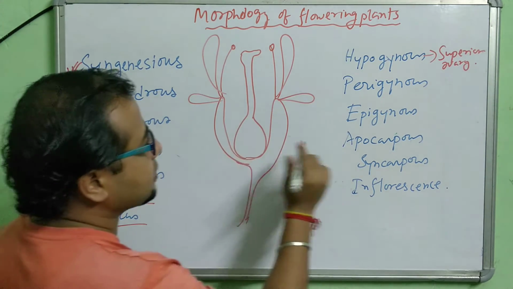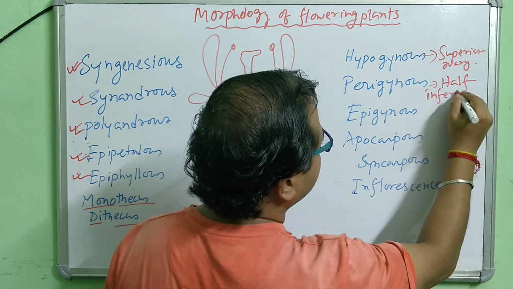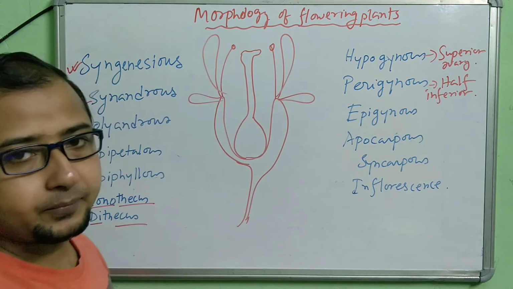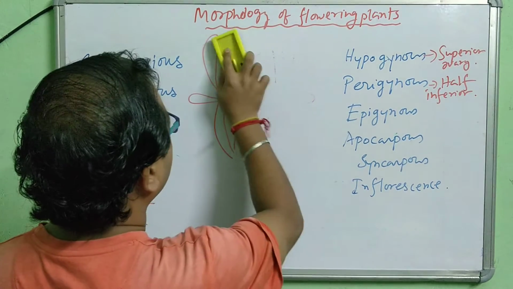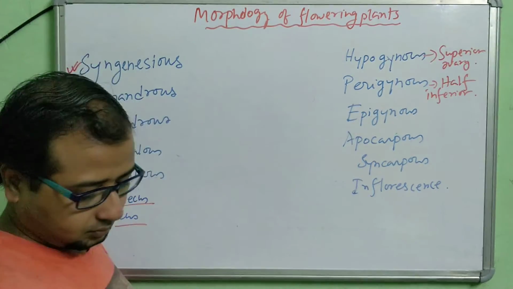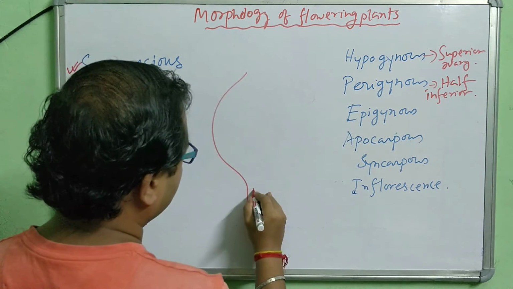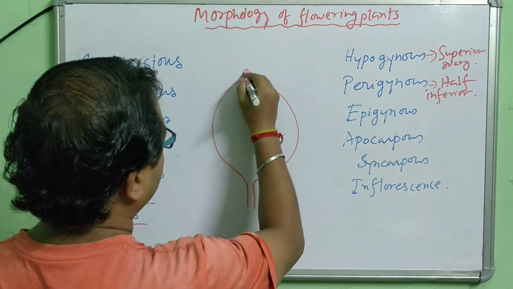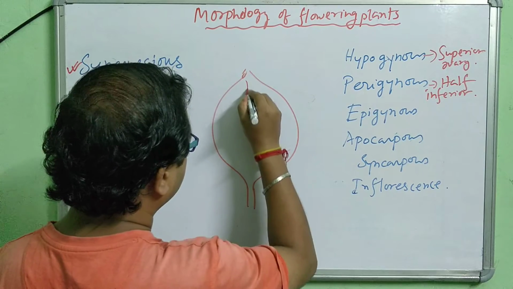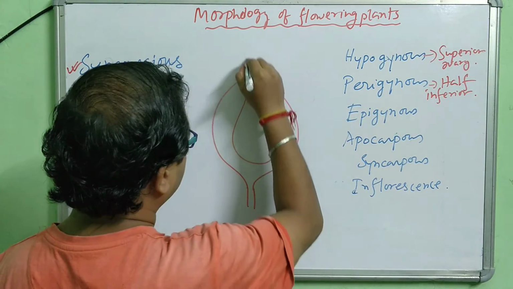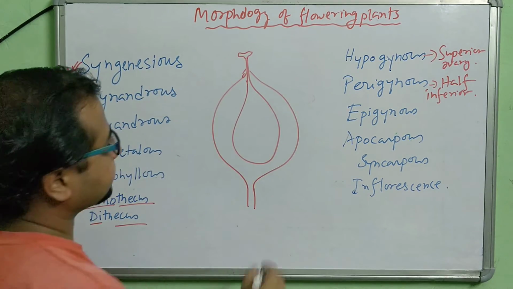In this case, the ovary is called half inferior ovary. Half inferior ovary. Okay. And now let's see the epigynous one. In the epigynous case, okay, it looks like this.